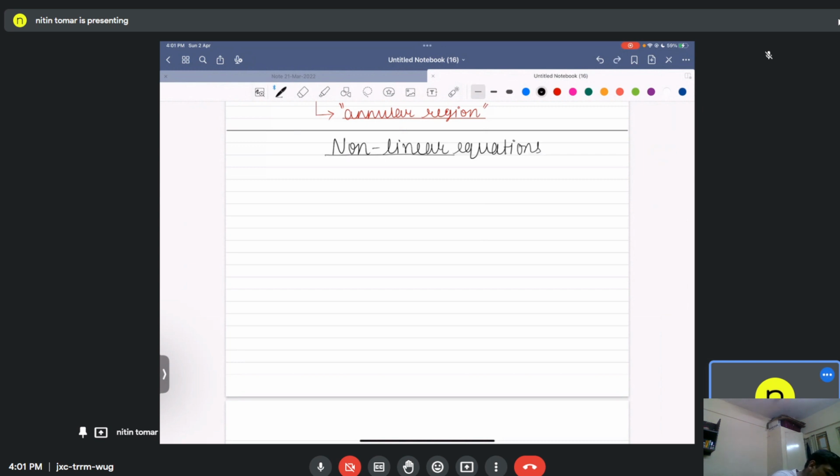Up until now we have been finding roots of a linear equation. Now we'll be having non-linear equations.